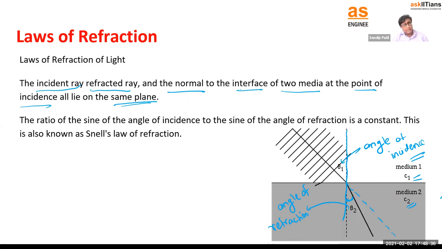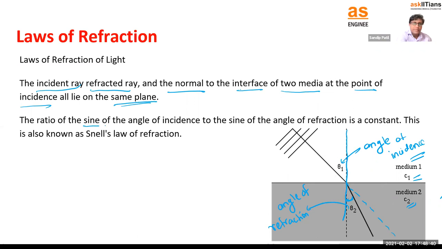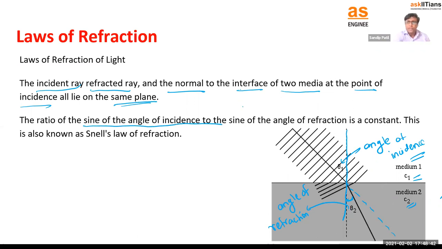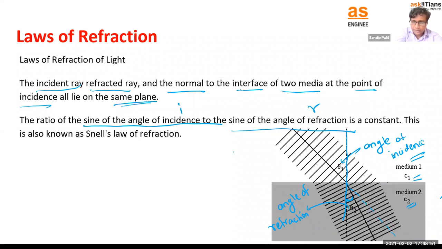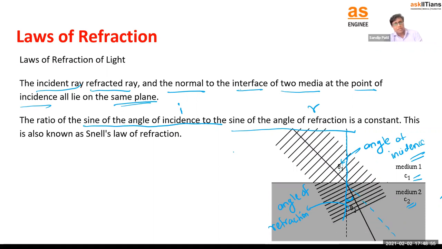Simple. Next, the second law: the ratio of the sine of the angle of incidence to the sine of the angle of refraction. The angle of incidence is I, and this is R, or they have written theta 1, theta 2. We can consider anything, that's not the point.